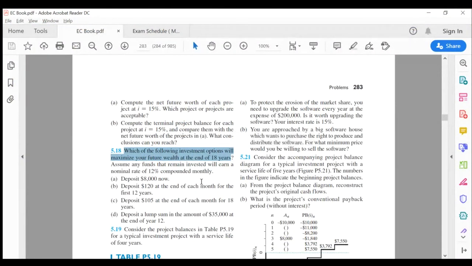Assume any funds that remain invested will earn a nominal rate of 12% compounded monthly. Now this question is basically a summary of chapters 3, 4 and maybe 5 all together in question 5-18.